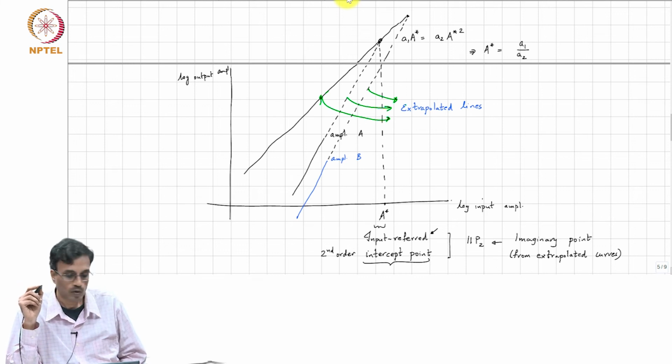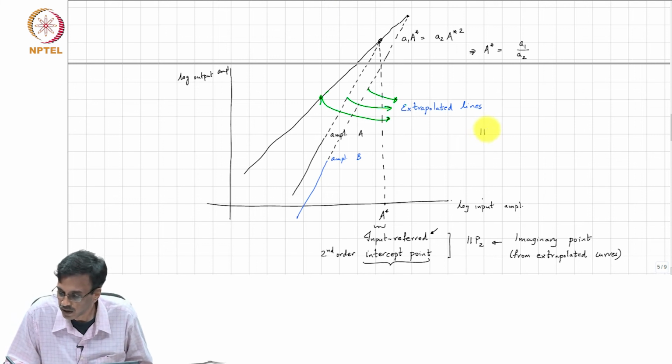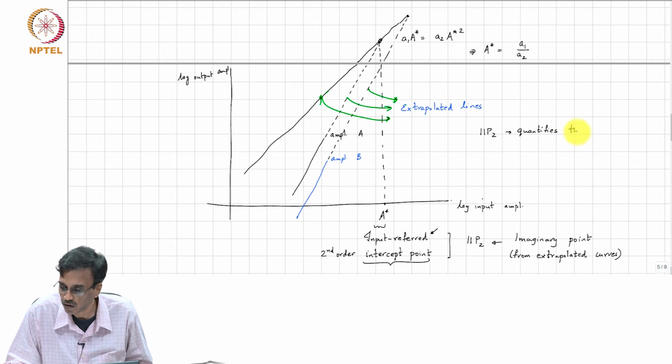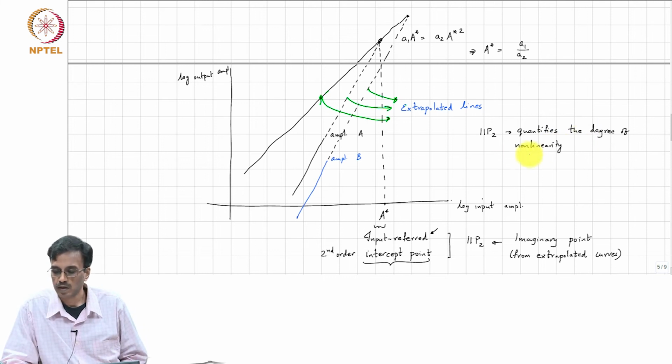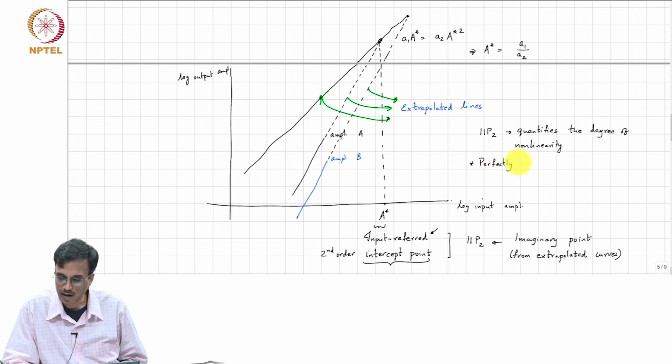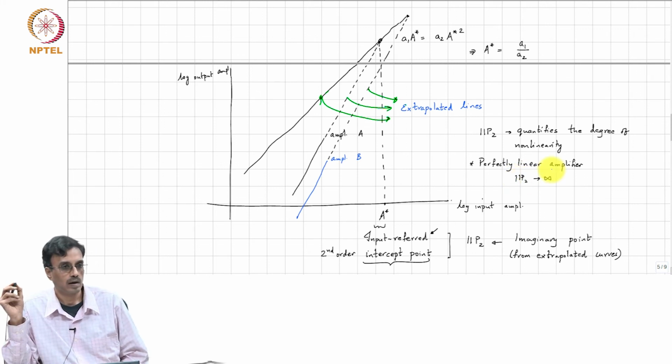And so, IIP2 is a metric that quantifies the degree of non-linearity. In a perfectly linear amplifier, IIP2 is infinity, right.